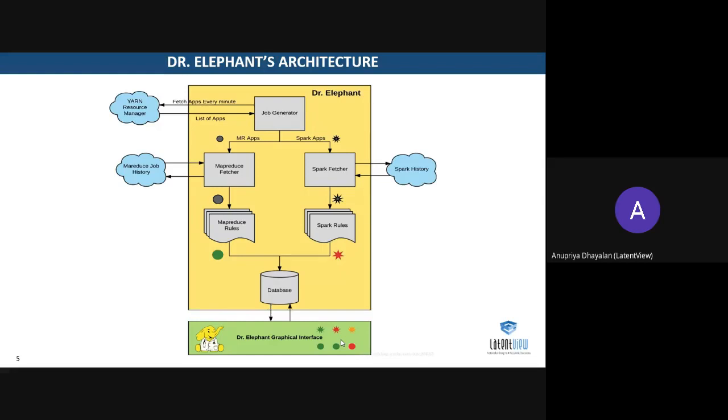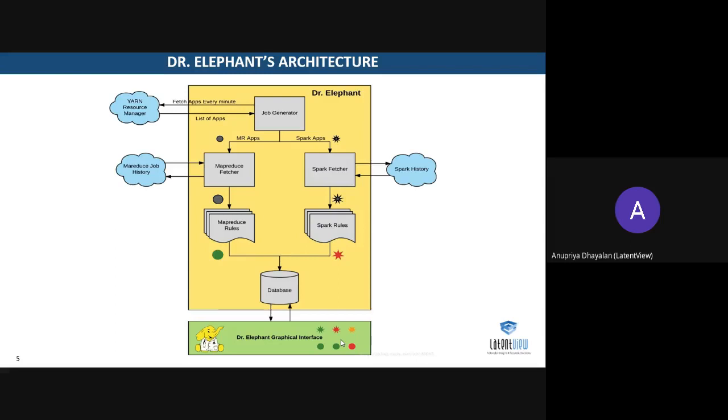Similarly, the Spark fetcher queries the Spark history log that is available for already completed applications, and it takes all the related information from the application that is needed for the diagnostic rules. From the collected information, we run certain rules on top of the data collected from the history logs.